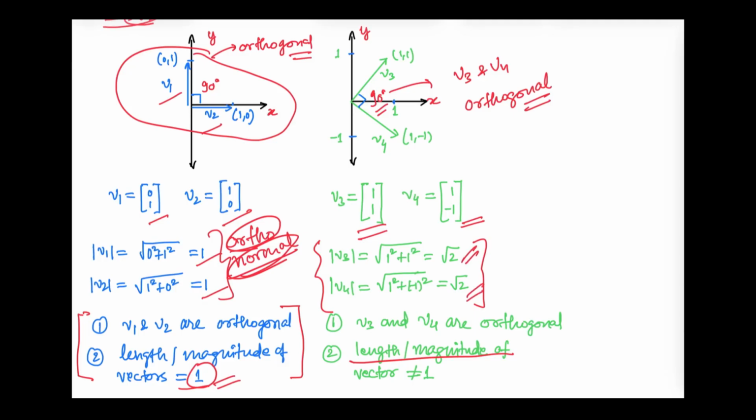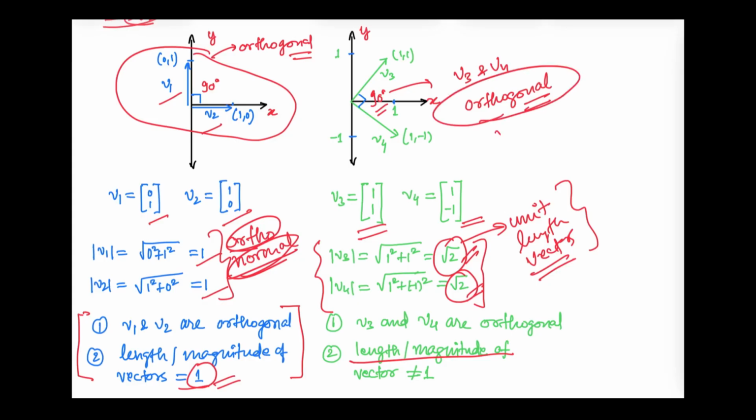Both vectors are of equal length, and the length is square root 2. So this is not a unit length vector. If the vectors are not of unit length, then these vectors are not normalized. And if the vectors are not normalized but they are orthogonal, then they are simply orthogonal vectors and not orthonormal.